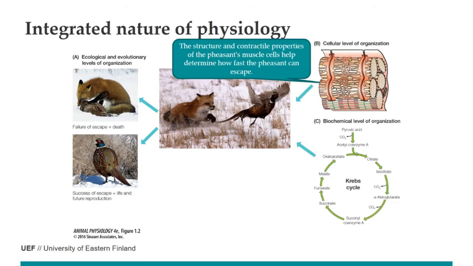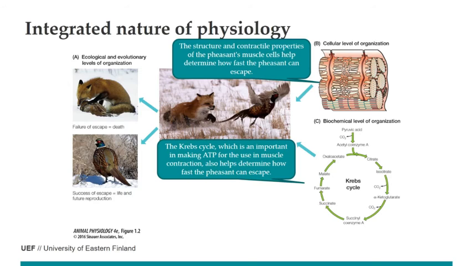And then also at the biochemical level, we have a Krebs cycle with several different enzymes, and depending on how fast these enzymes are working, it affects the rate of ATP production. If we know all the chemical rates in this animal, we can understand how fast it can produce ATP. Then this ATP can be used for these contractility properties, and then it either can escape or die.